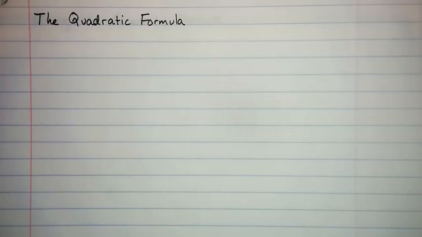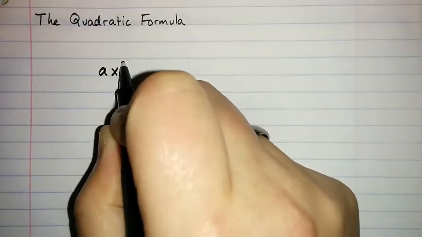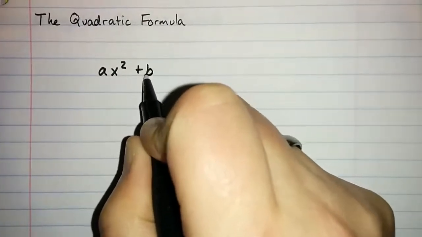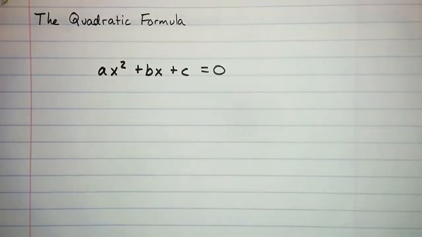Let's write down a quadratic equation: ax squared plus bx plus c equals 0. What would we do in order to solve this by completing the square?